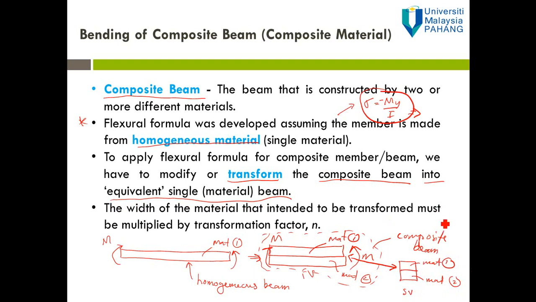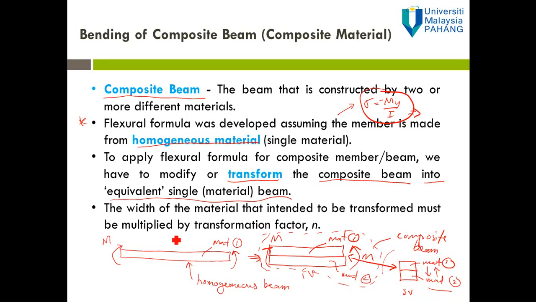In order to apply the flexure formula to this type of beam, we have to transform one material into another, for example material 2 into material 1 or material 1 into material 2. After transformation, the composite beam can be treated as a homogeneous beam.